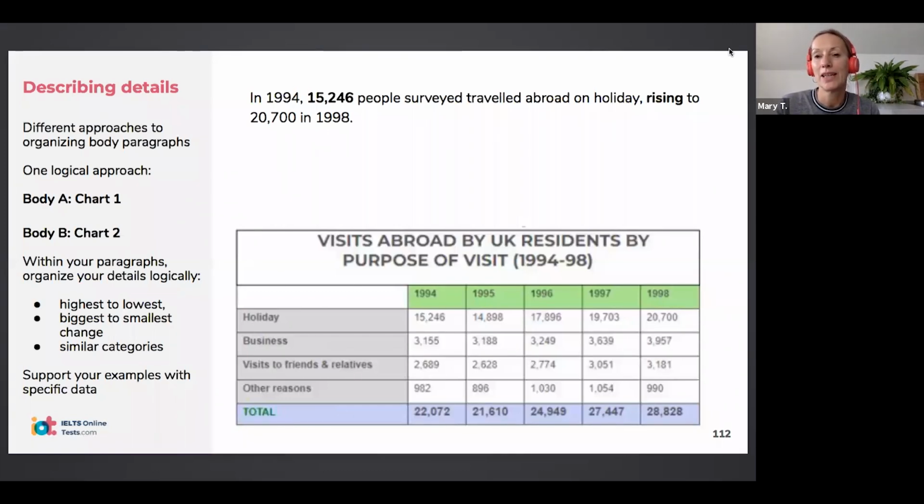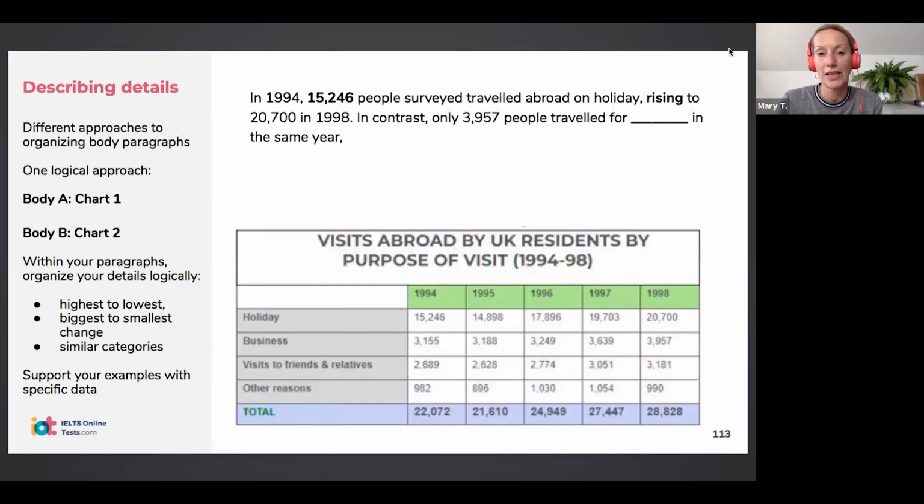So this is just a way of linking the ideas, creating cohesion within the sentence. So rising to. I mean, you could say which rose, but rising is a nicer way to say it.